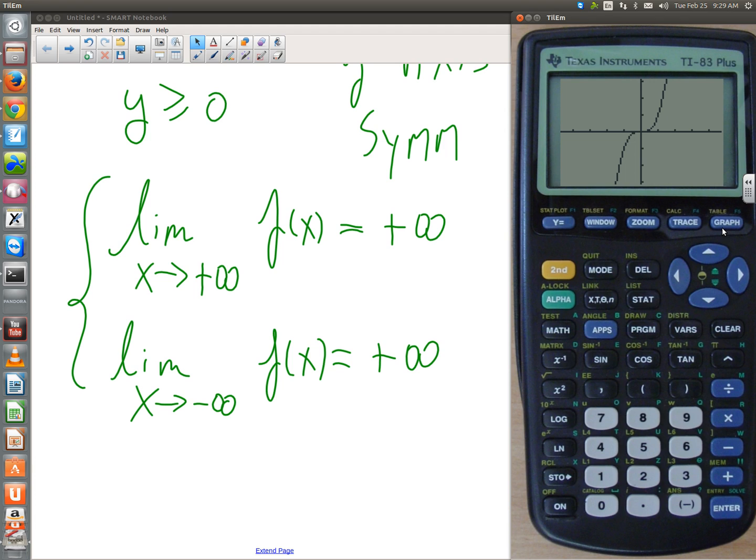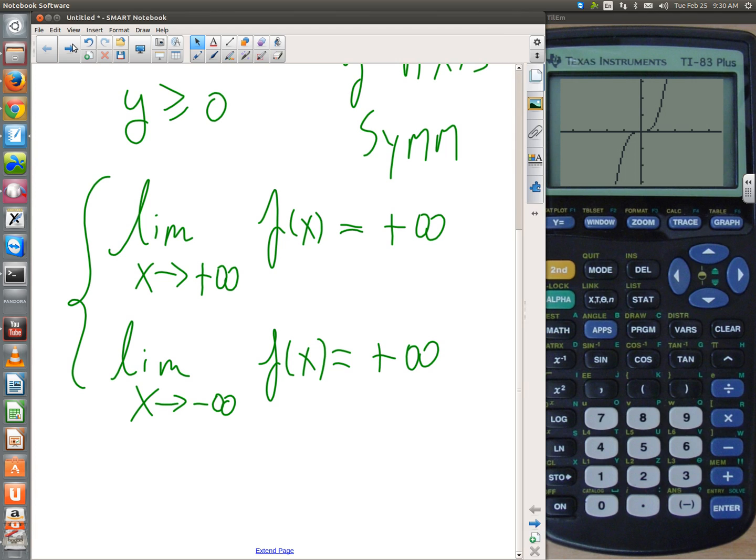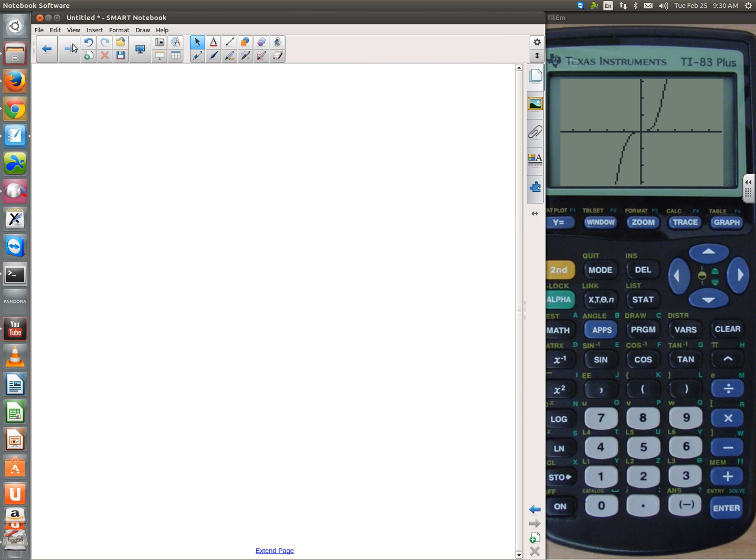If you take any point, let's say 1, 1, right? Plug in 1, cube it, you get 1, right? And you reflect it through the origin, 0, 0, the same direction, same distance, you end up on the curve again at the point negative 1, negative 1. Okay, so what if f of x is an odd function? X cubed, x to the fifth, x to the seventh, x to the ninth, okay?